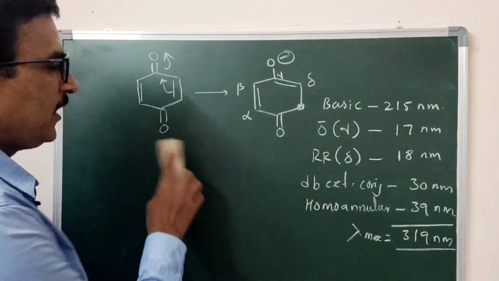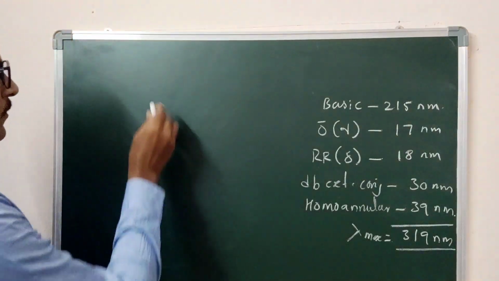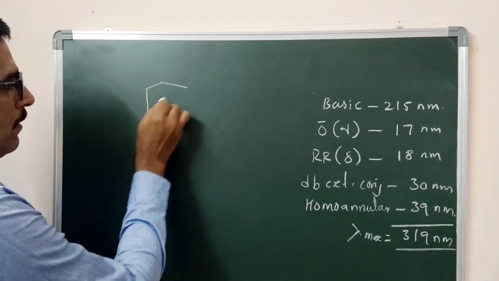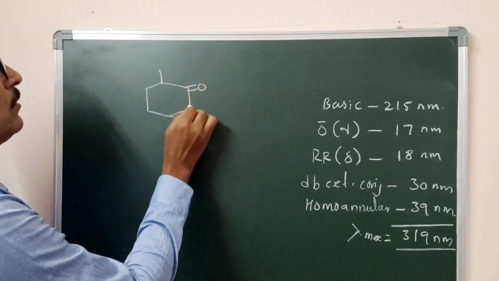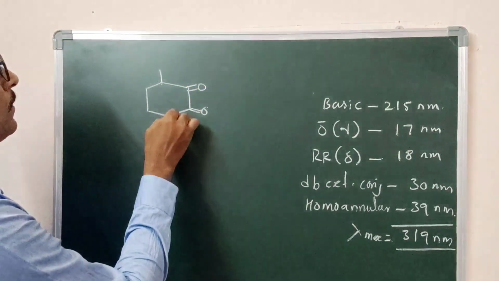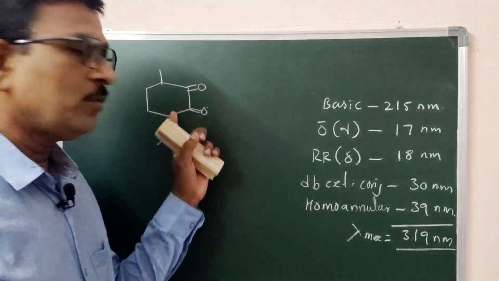Now let us take some other substituted examples. C double bond O, C double bond O, isopropyl group, a substituted 1,2 diketone.